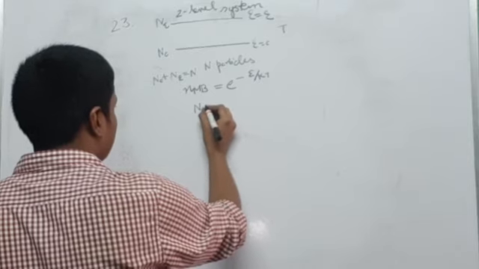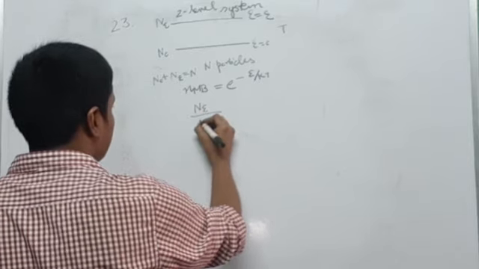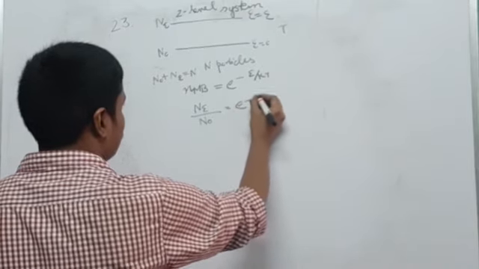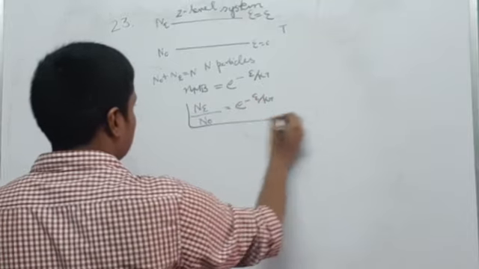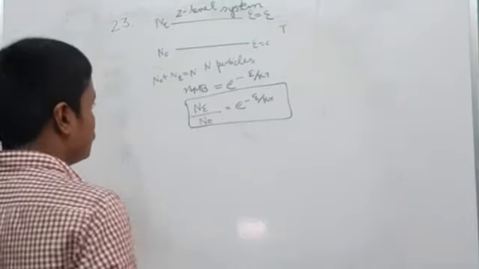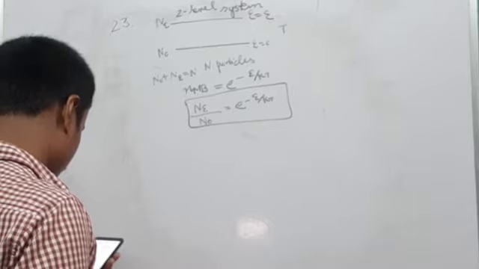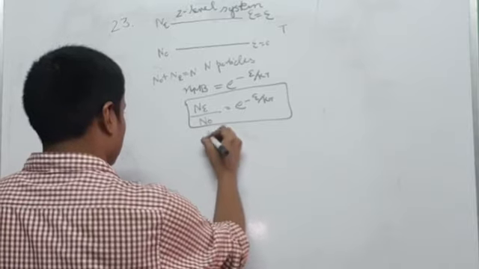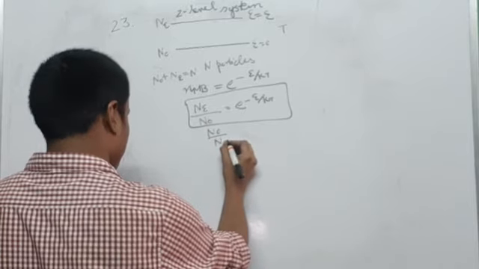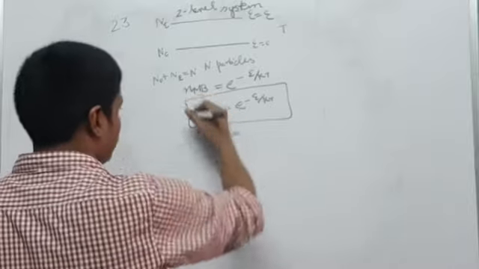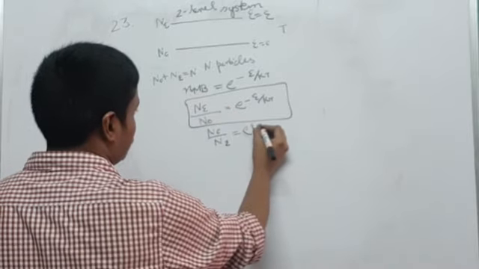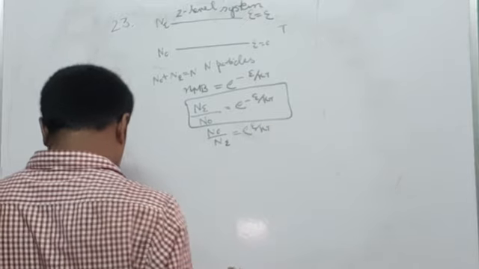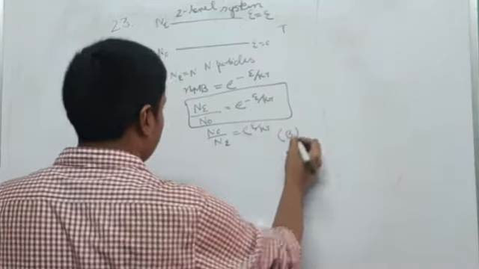So if you are considering the number of particles in the epsilon state, the ratio of it with respect to the number of particles in the ground state would be simply this, and that is all it asks for, the ratio. So the answer is option B, because if you invert this ratio, the negative exponential becomes a positive exponential, and that's what it asks for. That is our option B.